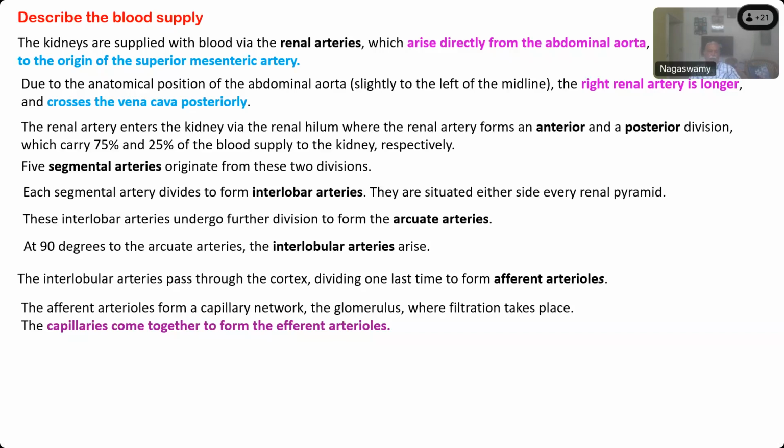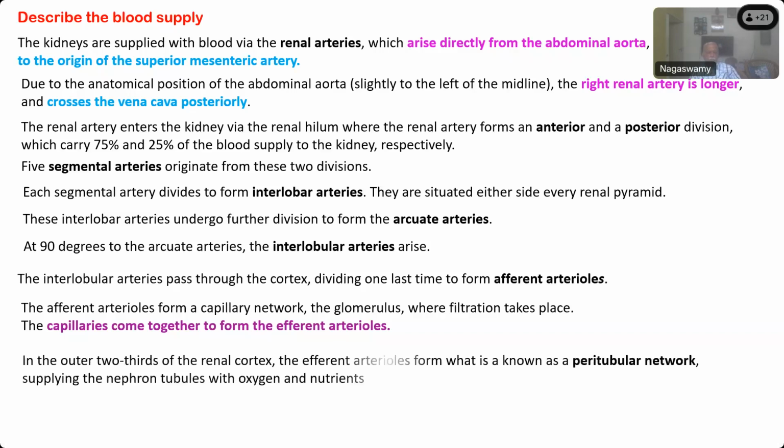That is a very, very important point which all of us should remember. The afferent arteriole is the smallest branch of the interlobular arteries. Then it forms capillaries, and after the filtration function is over, these capillaries again join together and become efferent arterioles and not venules. Please remember that point.